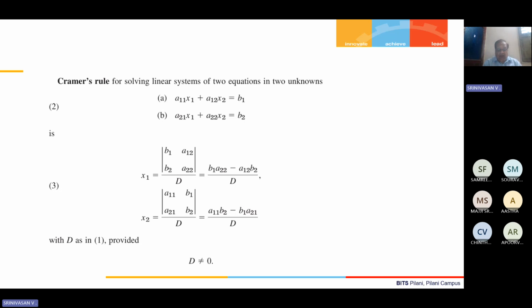See, supposing the unknowns are x, y, then your x is equal to dx instead of d1, I will say d suffix x divided by d.